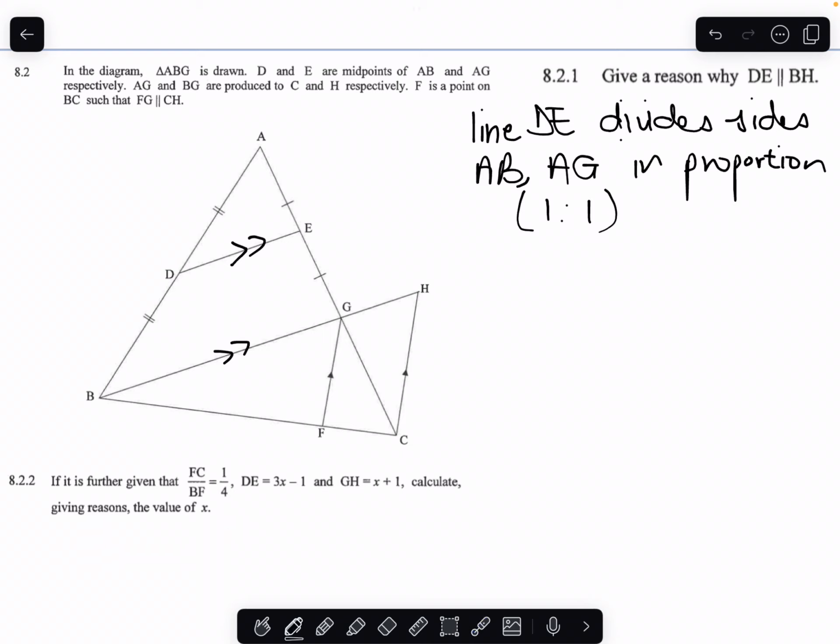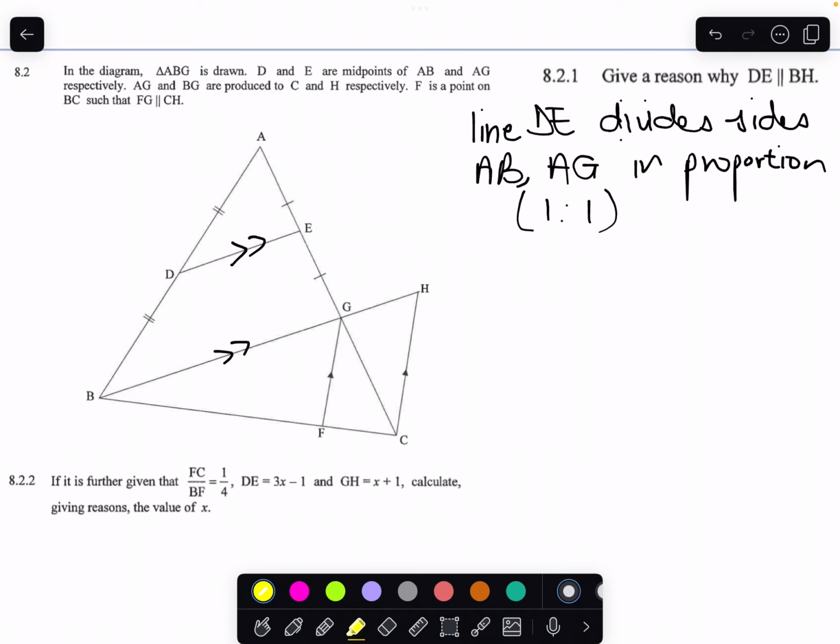Oh my goodness, there's so much going on here. If this is 1k, then this is 4k. We know that DE is 3 times x minus 1, and GH is x plus 1.